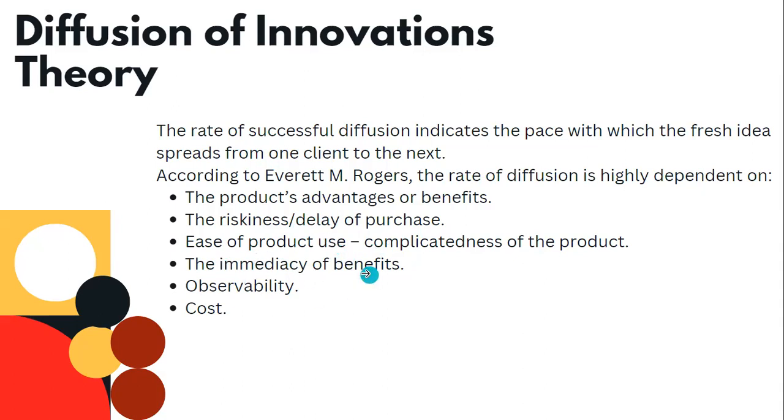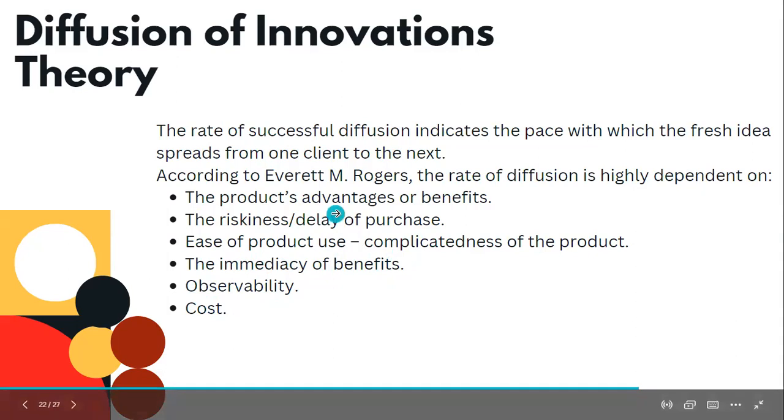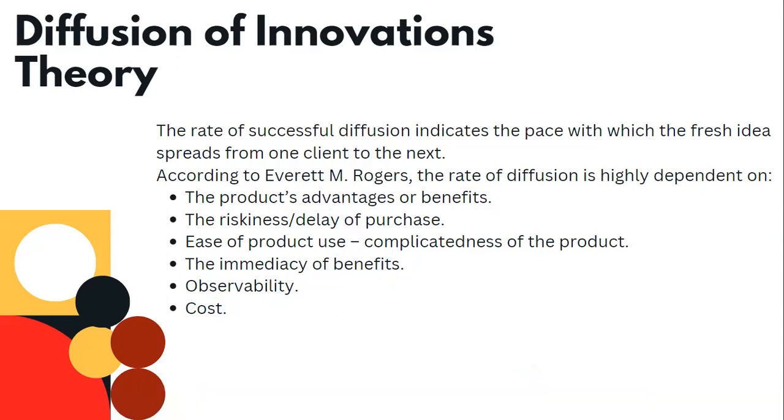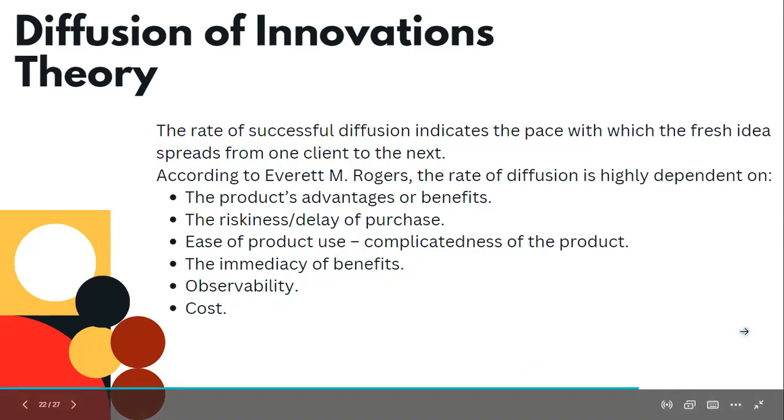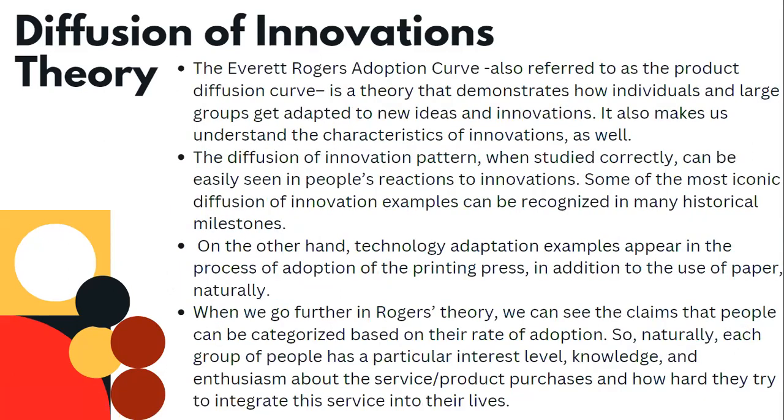The immediacy of benefits, how fast will I get the benefits of it? Observability, cost. So all these are the different ways in which a product, an idea, any service, etc. is being adopted by people. So this is the Everett Rogers adoption curve.